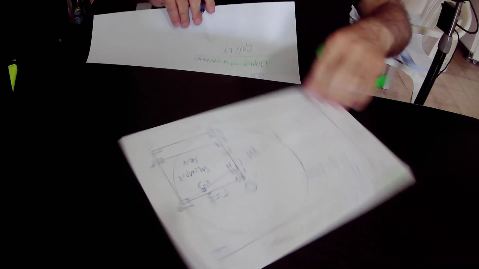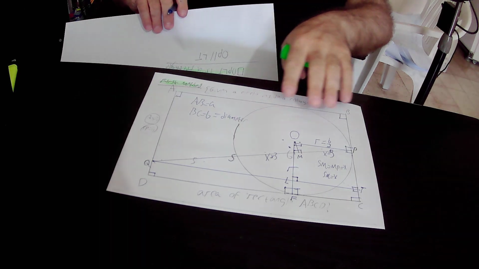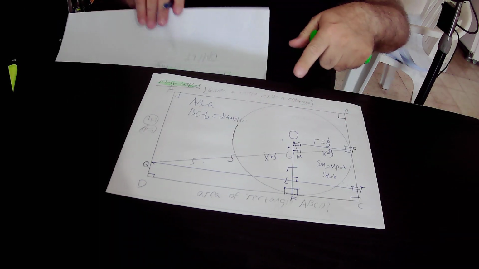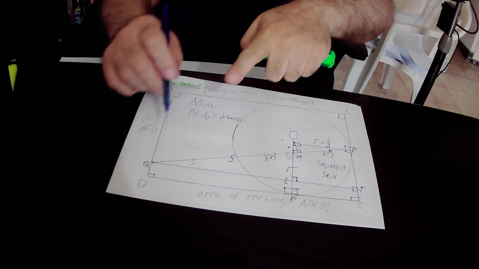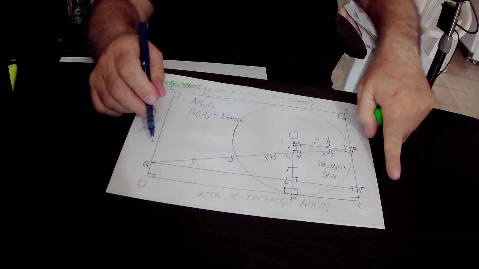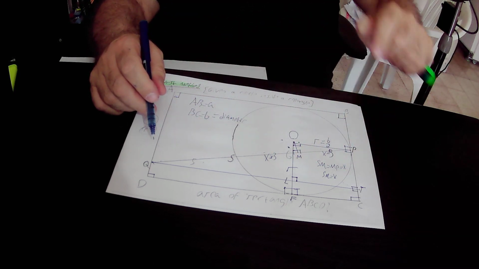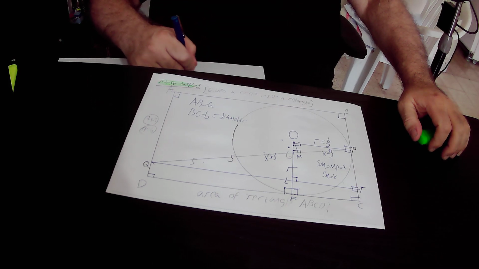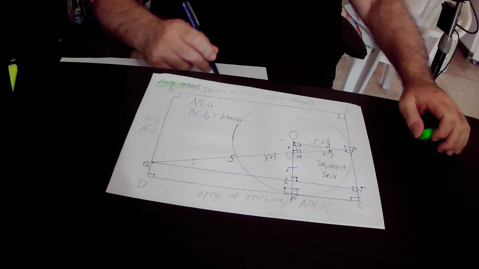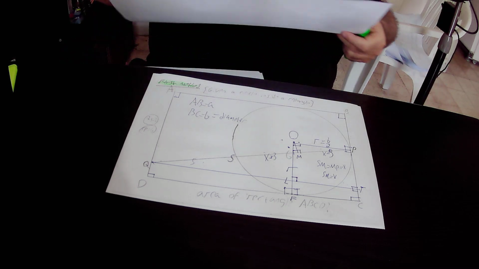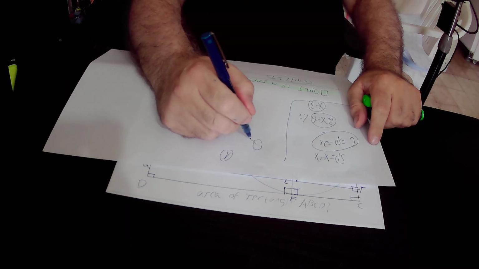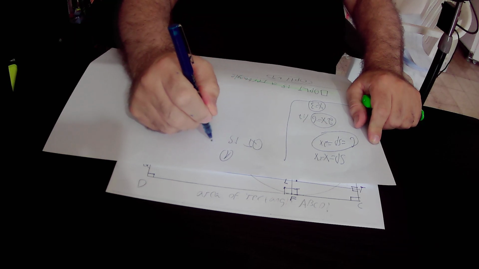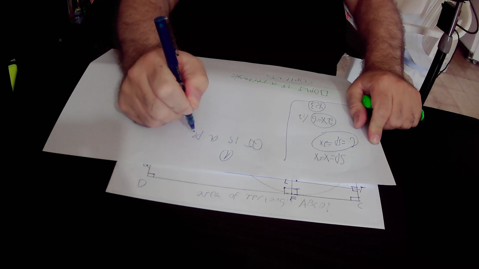But here, side LT is part of the perpendicular QT. QT is a perpendicular, it is absolutely a straight line. QT is a straight line because it is a perpendicular.